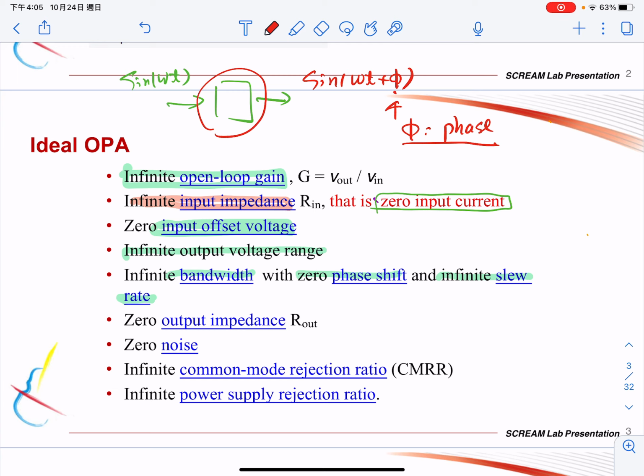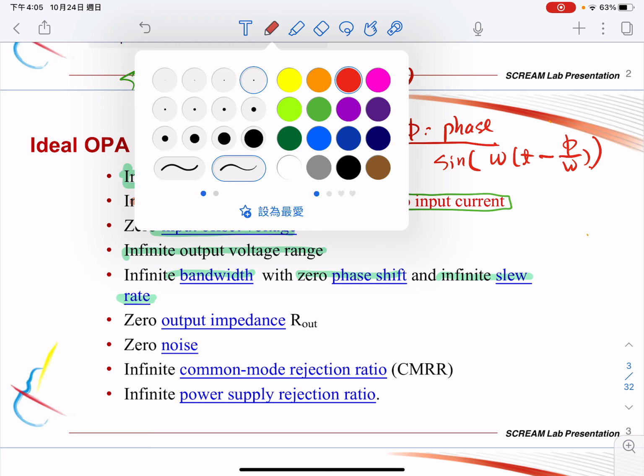First we can try to rewrite the sine function by taking out the omega, so it will be t plus phi over omega.